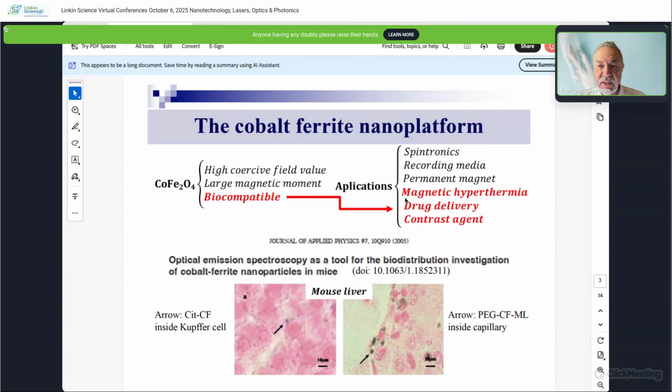So just to emphasize how the biocompatibility of cobalt ferrite has been described, I show you on the lower part of my slide the two experiments, actually in vivo experiments, where cobalt ferrite nanoparticles were injected.